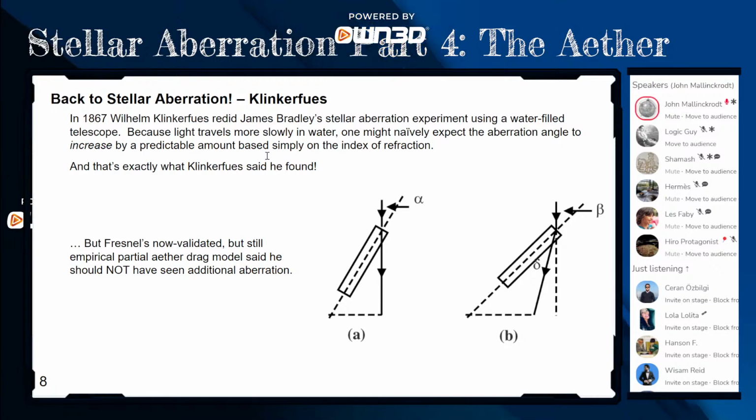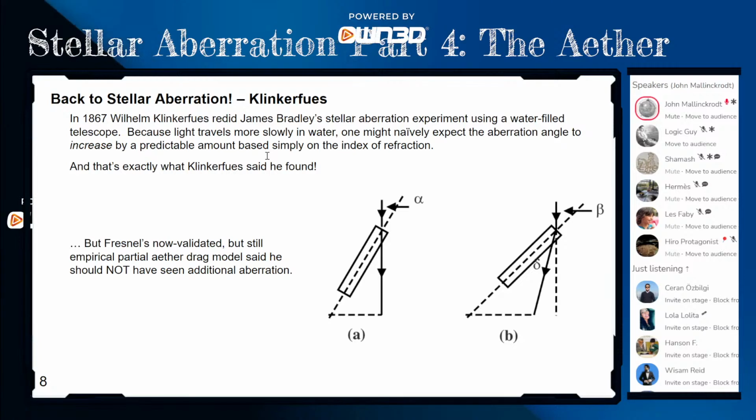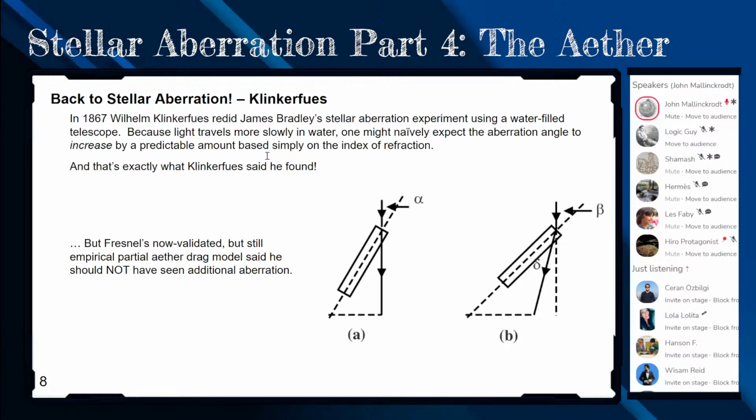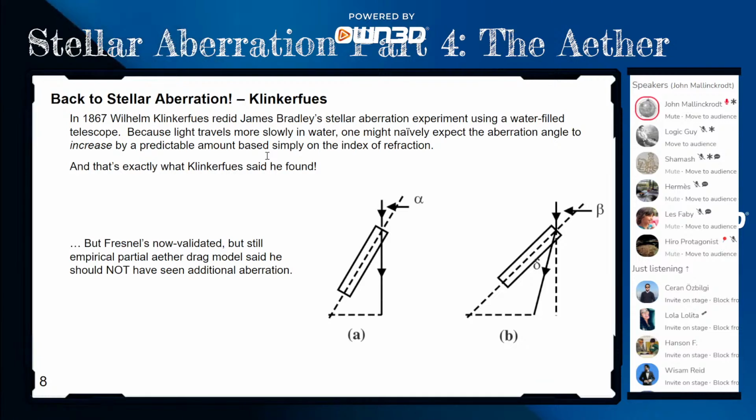We didn't know exactly what the distance to the sun was, so we had maybe 10, 20, 30% slop in what the velocity of the Earth was, but we knew that it was on the order of 30 kilometers per second. And that's why Bradley was able to get such an accurate value for the amount of time it takes light to get to us from the sun. We went through that last time.